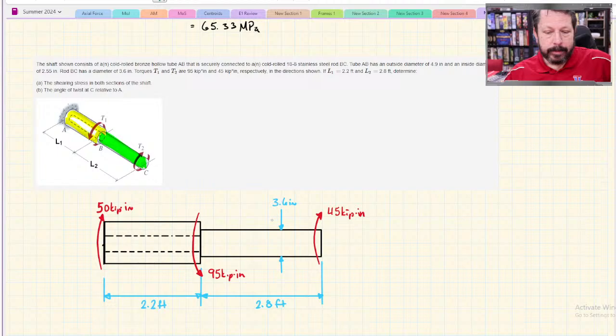And I've got an outer diameter of 4.9 inches. And then I guess I'll draw the inner one kind of like this. Normally you don't draw diameter dimensions the way I'm doing it, but it's okay for what we're doing. 2.55.